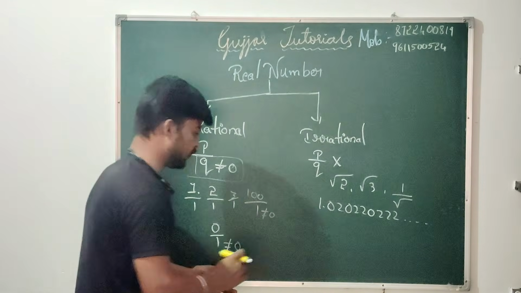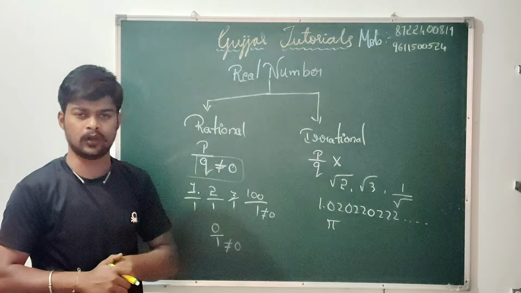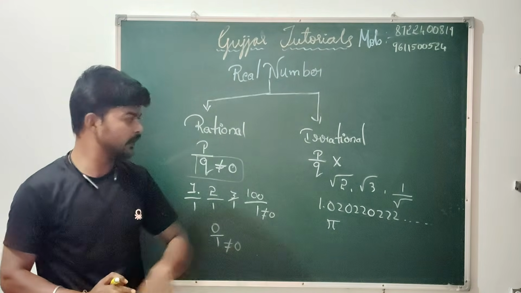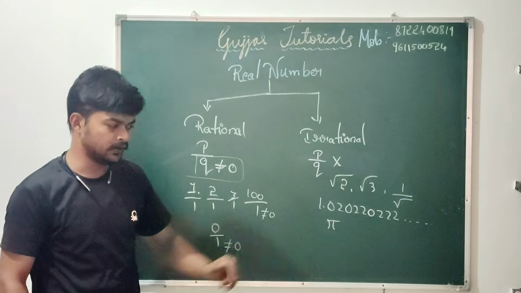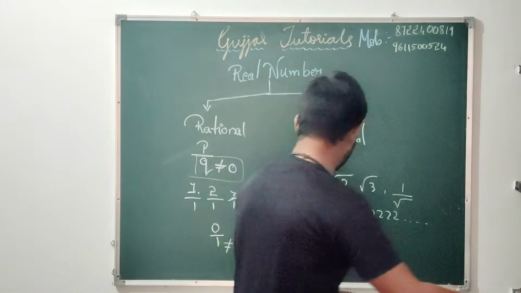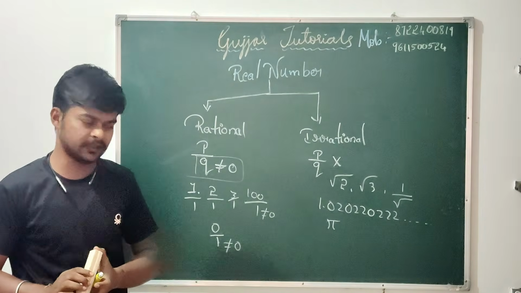And mathematical symbols like pi and other such symbols are all considered irrational numbers. Understood? This is about rational and irrational numbers.